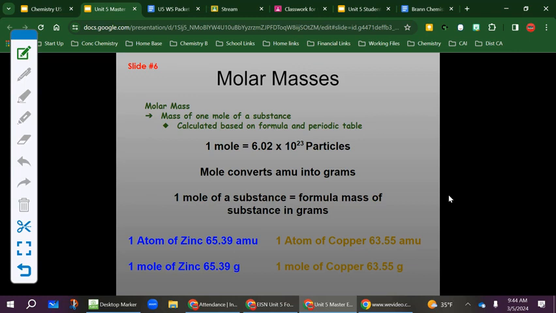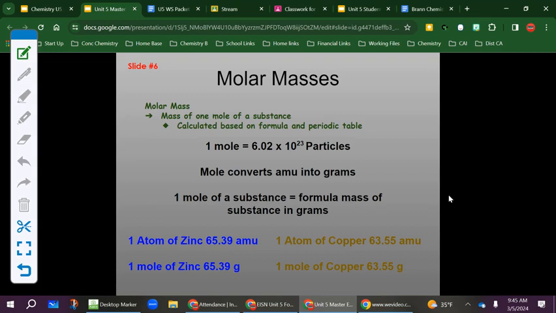We add them together. Okay? To get 58.43 grams in here, which means I have 1 mole. Which means I have 6.02 times 10 to the 23rd FUs in here. Formula units. Why formula unit? Because I cannot call an ionic compound a molecule.